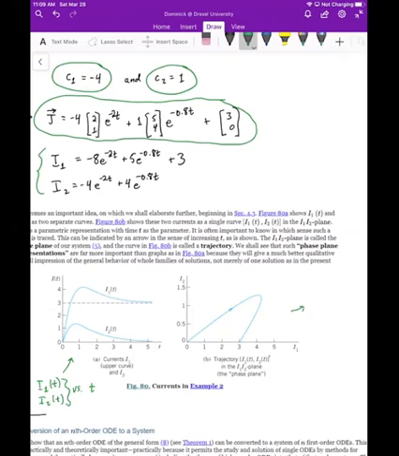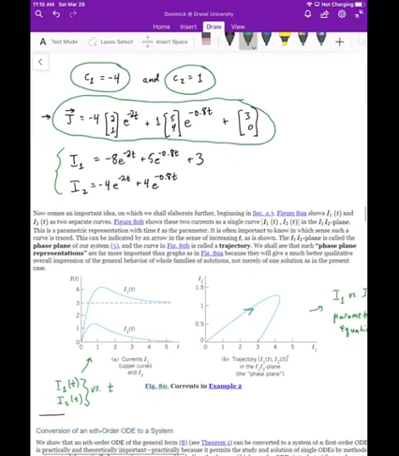We're plotting I1 versus I2, and this is a parametric equation. And this direction arrow here indicates the direction of time. Now, it turns out that this second graph is usually the much more important one that we care about in this analysis.